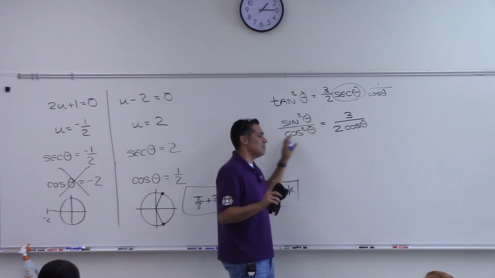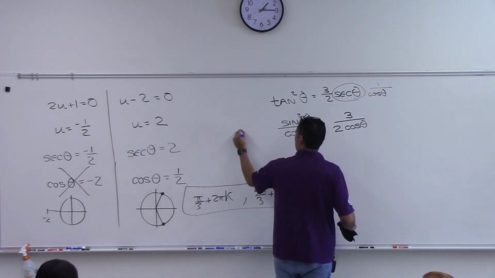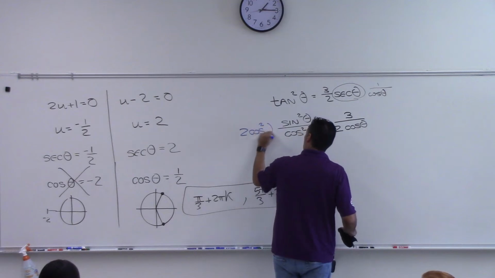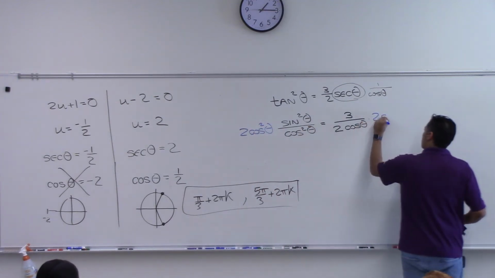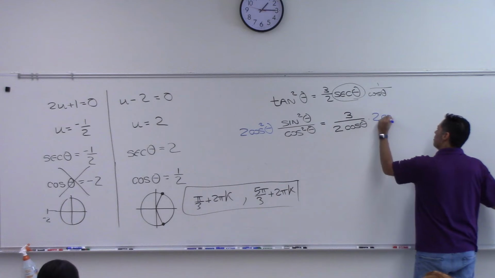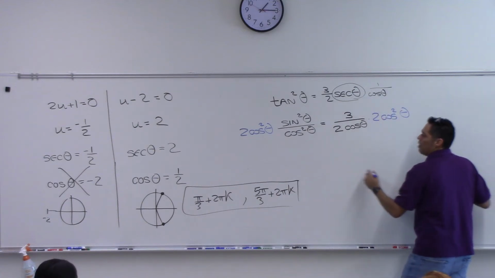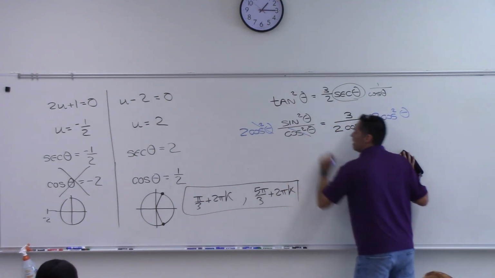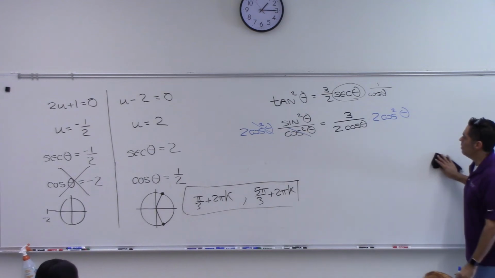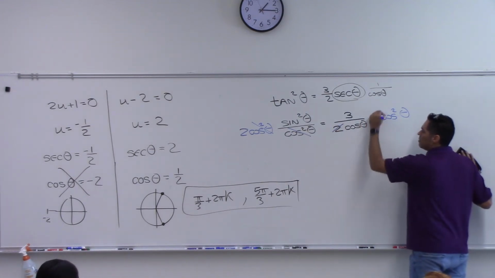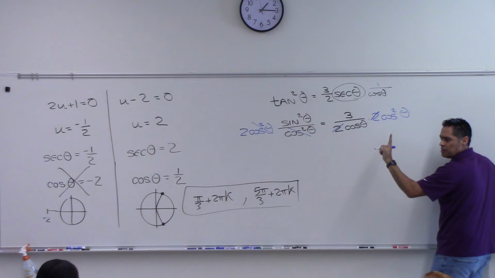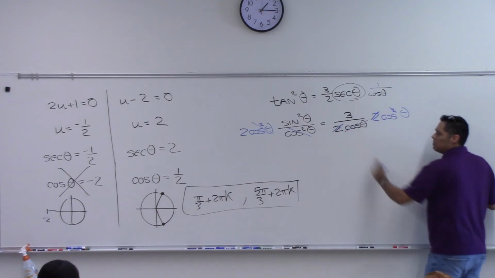That has a 2, this doesn't have a 2. So I'm going to multiply both sides by 2 cosine squared theta. Over here, the cosine squared thetas cancel, right? Over here, the 2's cancel, and one of the factors of cosine cancels. You understand that?